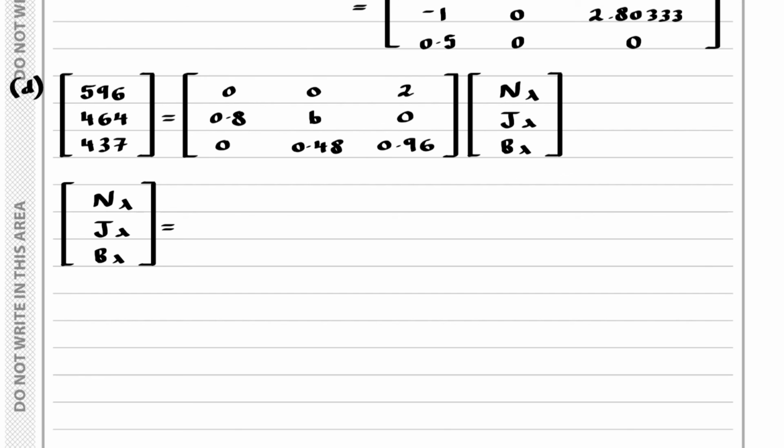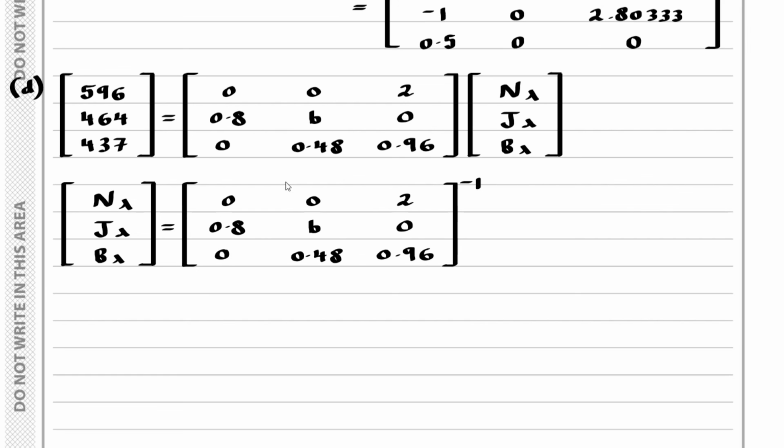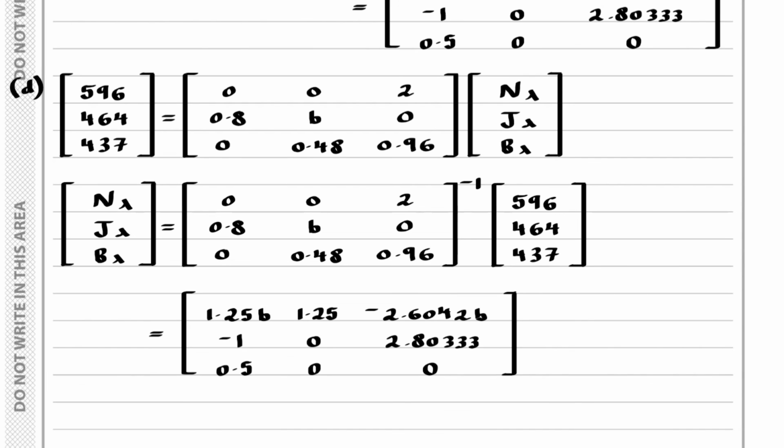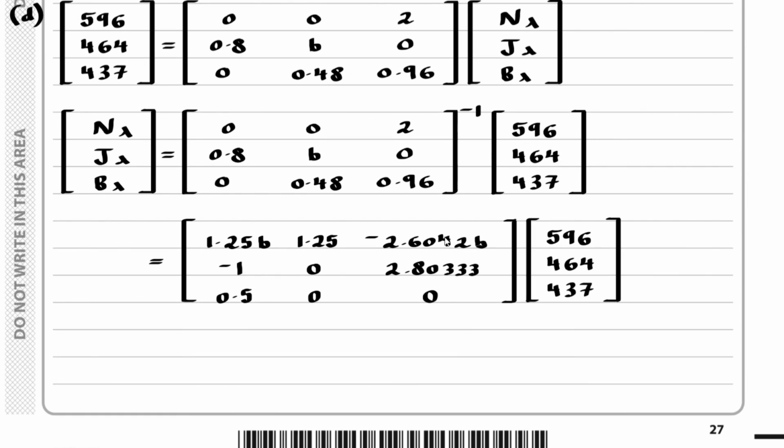So n lambda, j lambda, and b lambda, that's equal to the inverse of this 3 by 3 multiplied by 596, 464, 437. But I've already worked out what the inverse of this matrix is over here. So I need to multiply this 3 by 3 matrix by this vector 596, 464, 437.